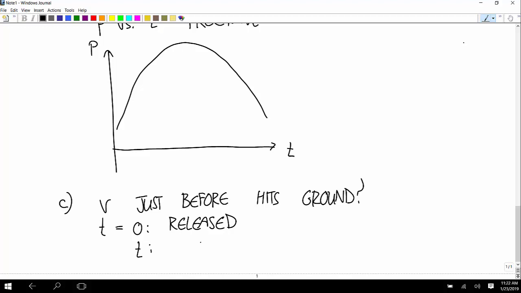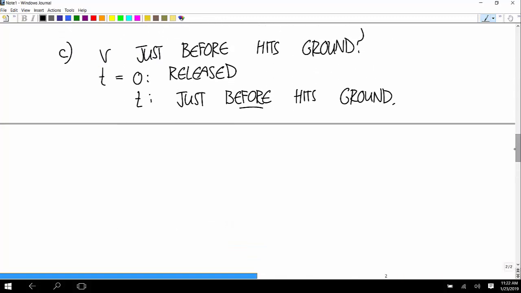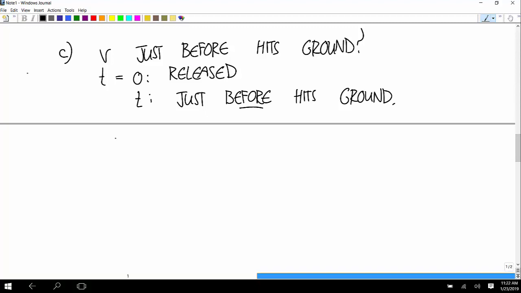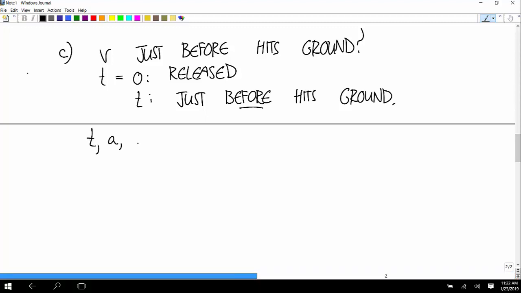It can't be once it hits the ground because at that point it's not in free fall anymore and these equations don't apply. So this is just before it hits the ground. And the variables we have are t, a, p0, p, v0, and v.